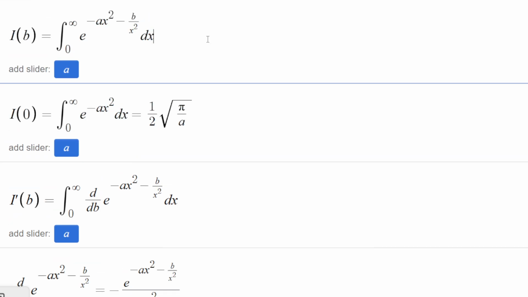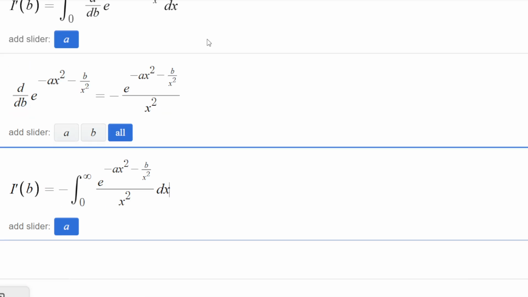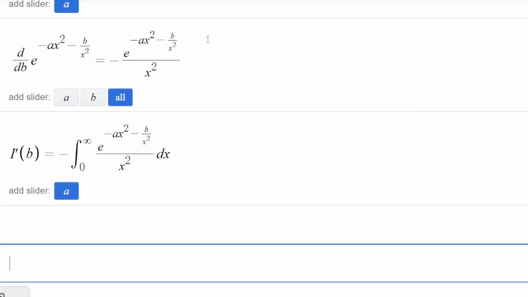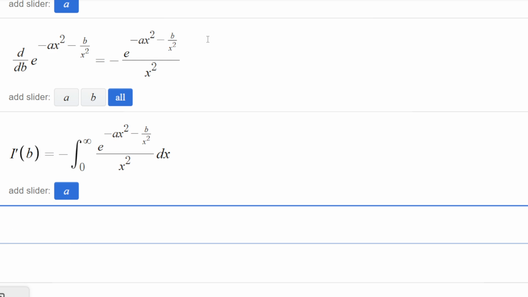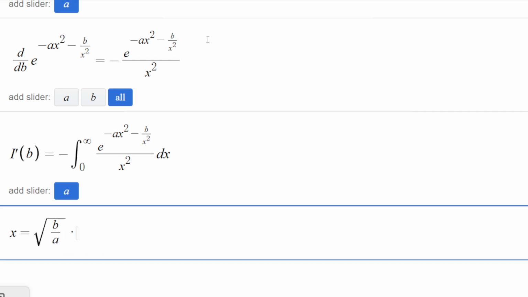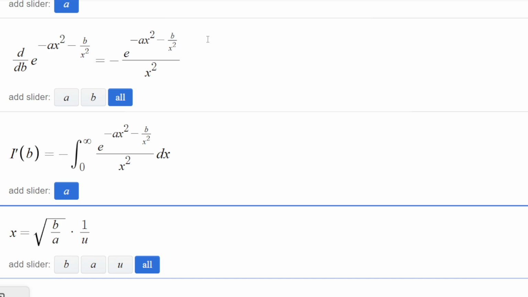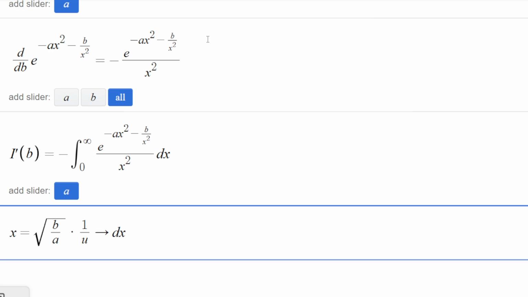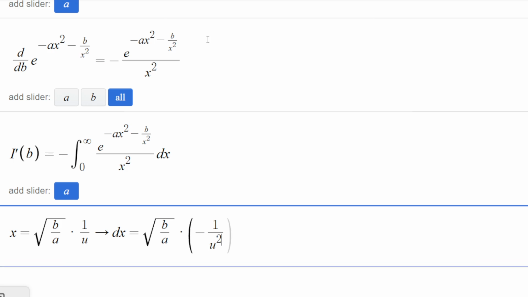But with a clever substitution, we can relate I of b to I prime of b. And the substitution we're going to make is this. We're going to let x equal the square root of b over a times 1 over u, implying that dx is equal to the square root of b over a times negative 1 over u squared du.